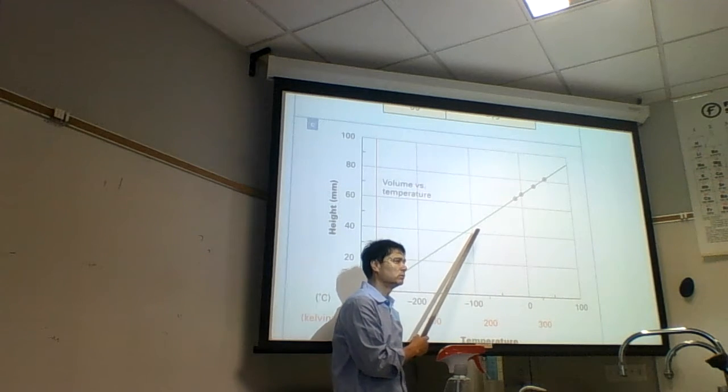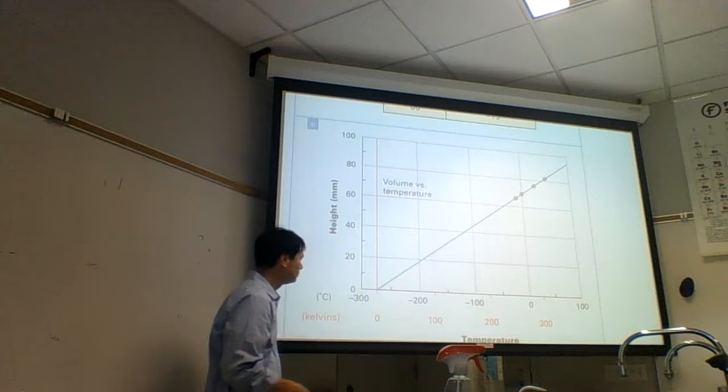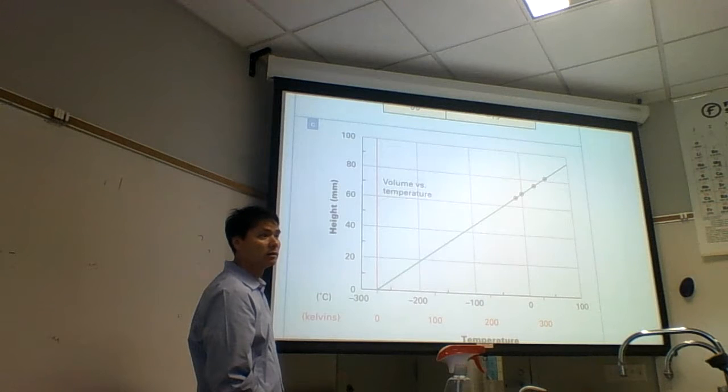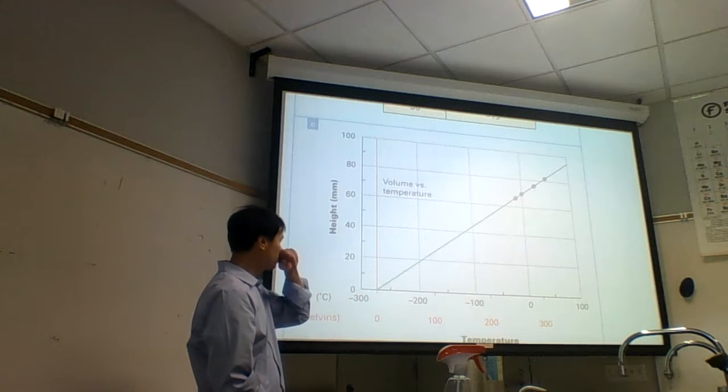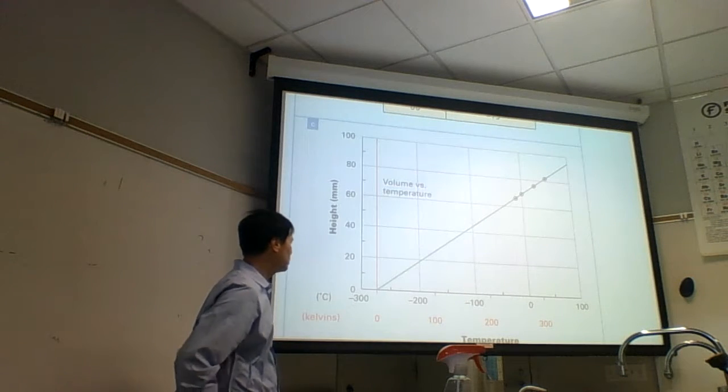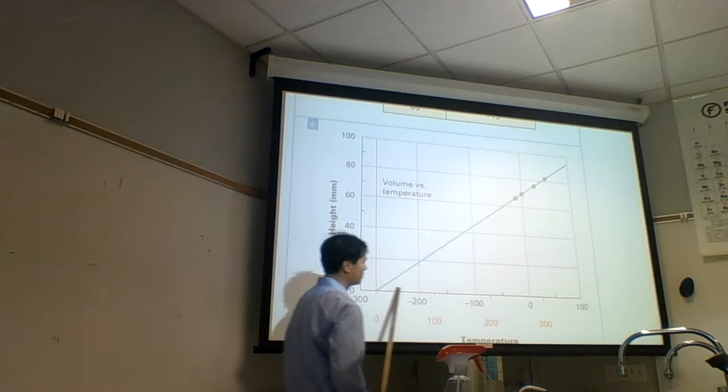Now, what we do is we come up with an equation for that line. So what would the equation for this line be? Equation depends if we do it in Celsius.